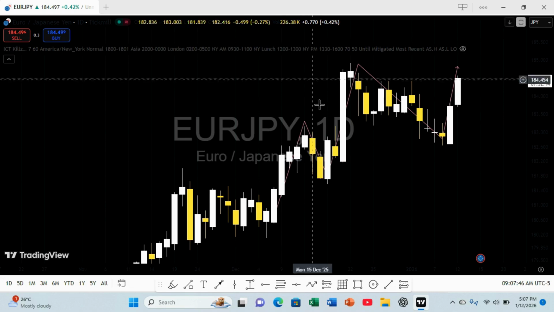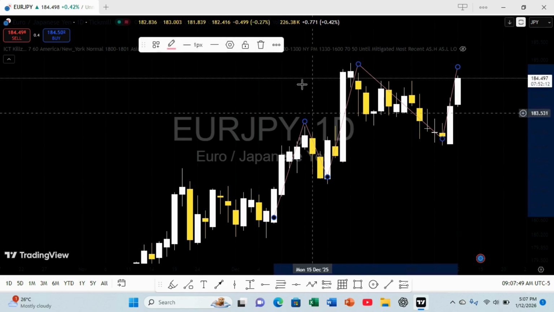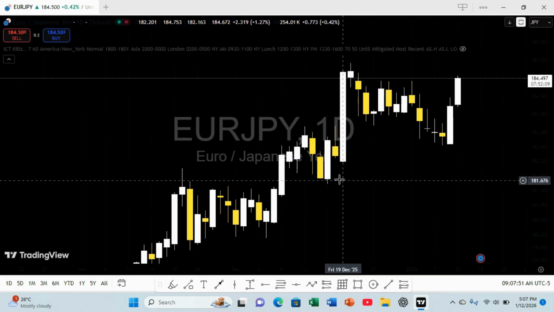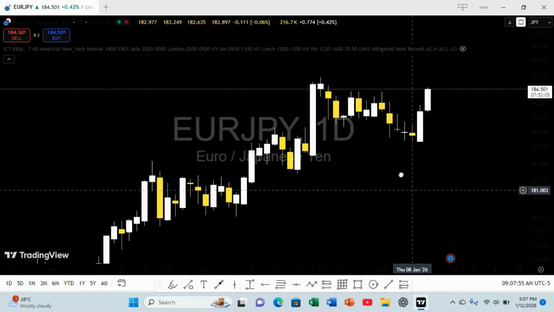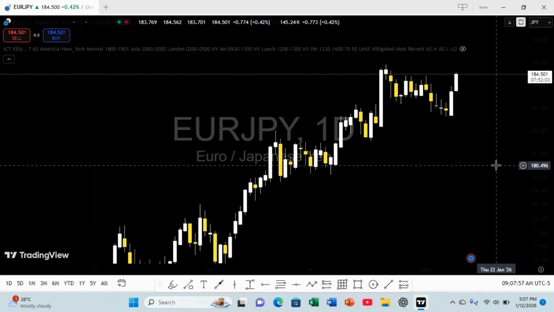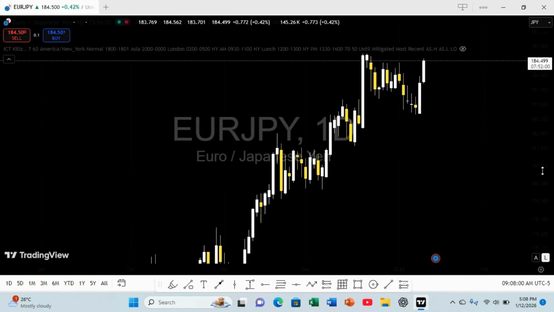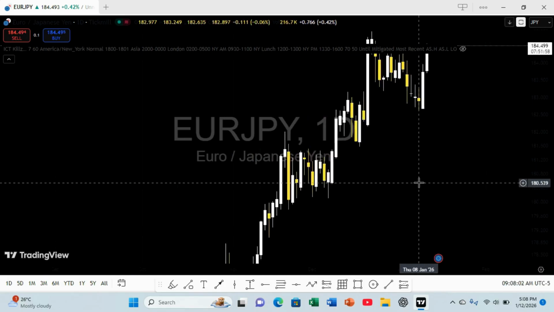Let me try to erase these ones. So let us continue. Another thing, when you look at those PDRAs, the higher the time frame, the more those PDRAs will hold price.